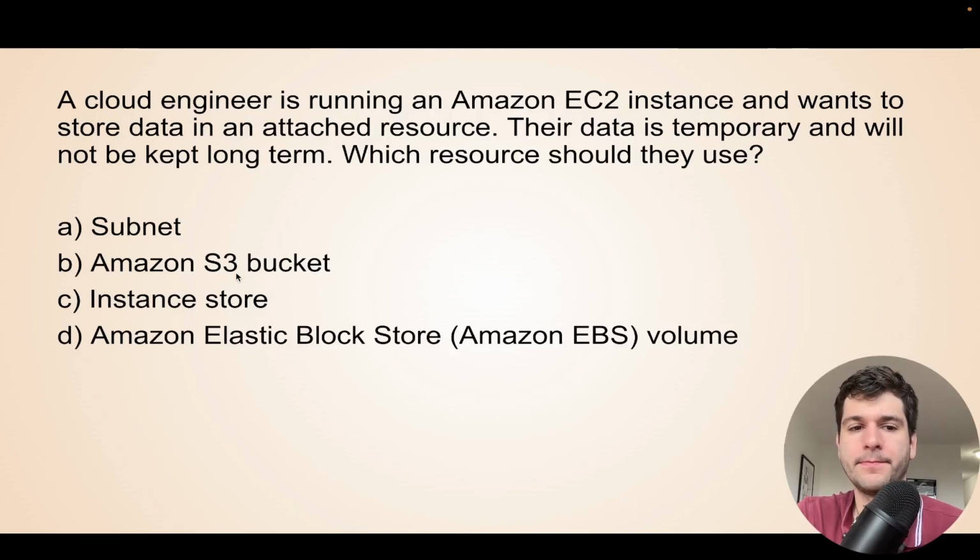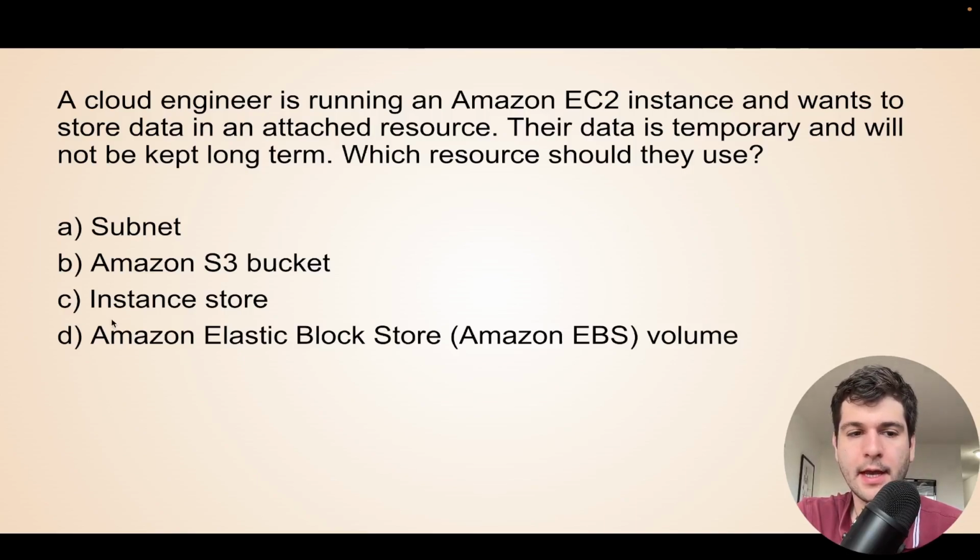Amazon S3 buckets is object storage, helps to store objects. It's very reliable, but it's not really meeting this. Their data is temporary and not kept long term. I mean, you can set rules with S3 buckets, but I don't think this is the best answer here. And then Elastic Block Store, you can attach to EC2 instances, and if your EC2 instance is stopped, you can still keep the data.